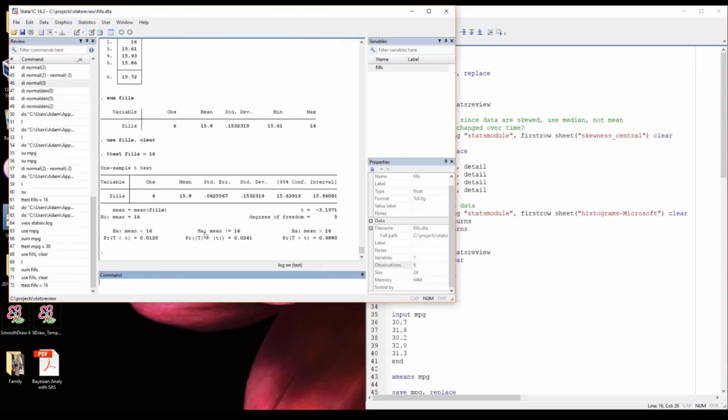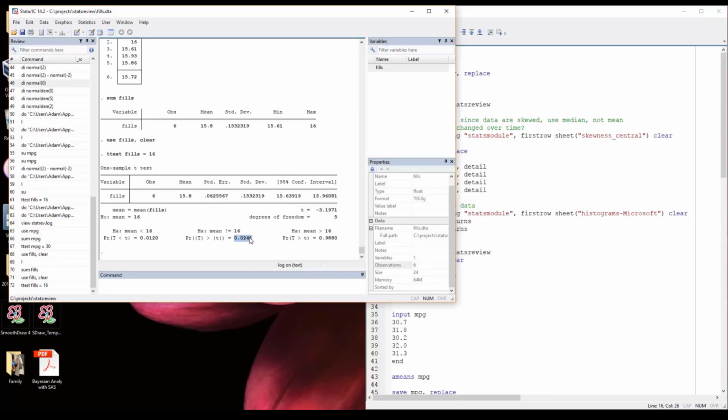Phil's mean was equal to 16. And here we get a p-value that, again, is less than the critical value. If the p-value is less than the critical value, then what we are going to do is reject the null hypothesis.